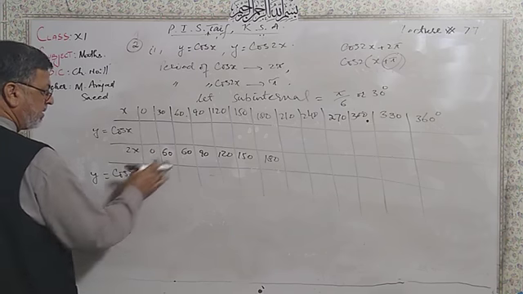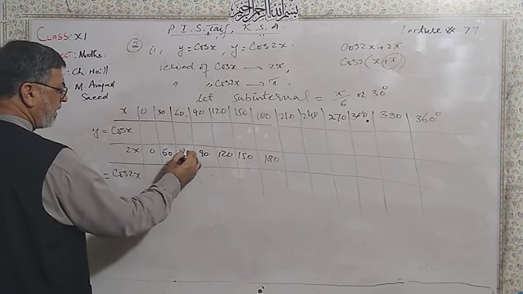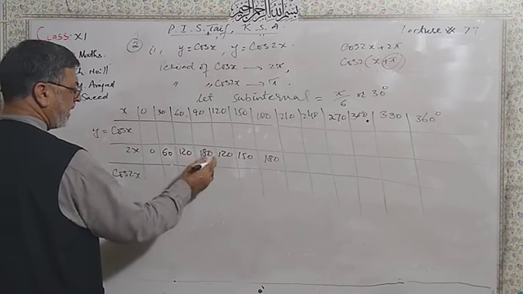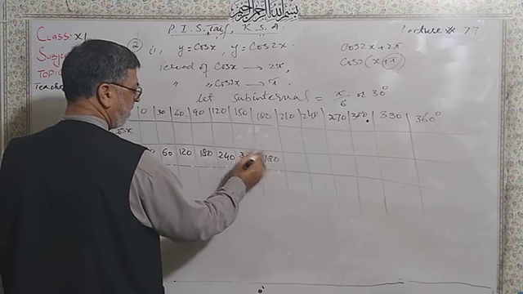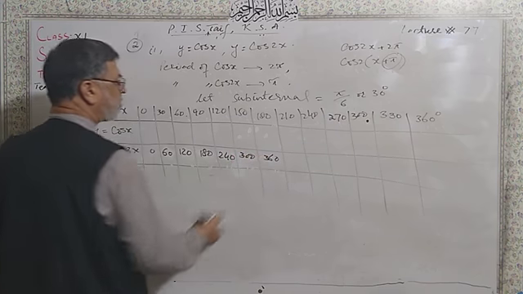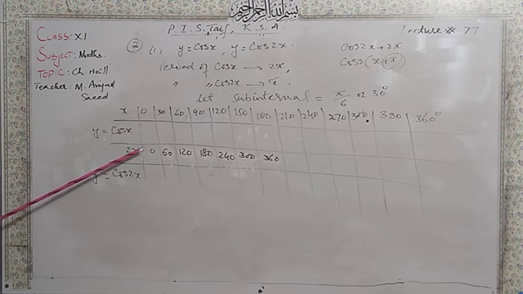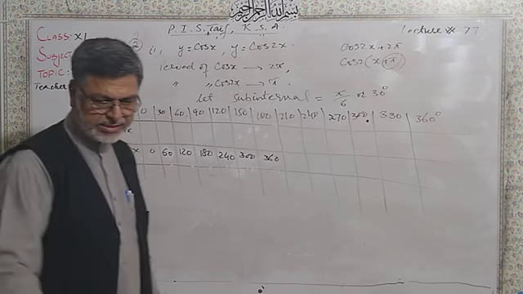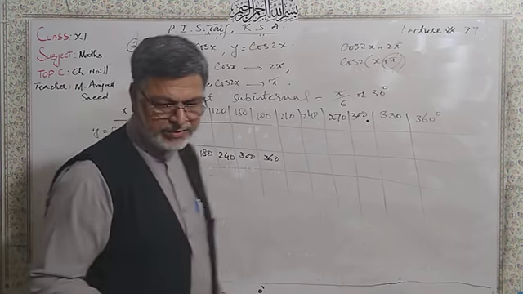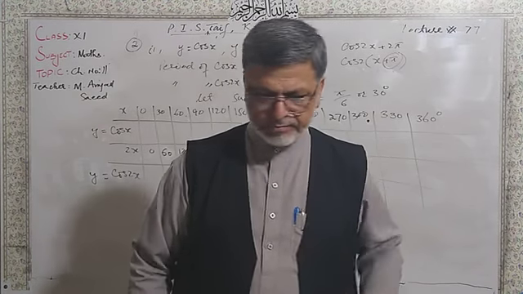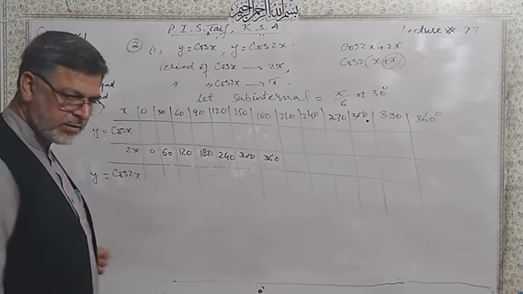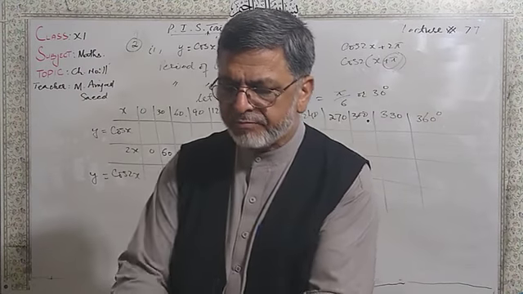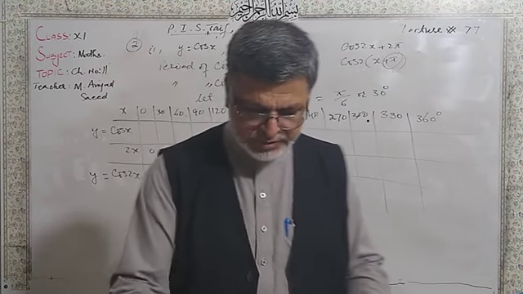Definitely it is 60, here is 120, this will be 180, that will be 240, here is 300, here is 360. Dear students, the gap here is 30 degree, but for 2x the gap is 60 degree. This is the question. Yes, we have the values.